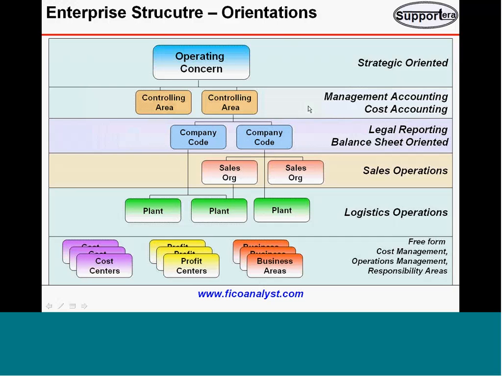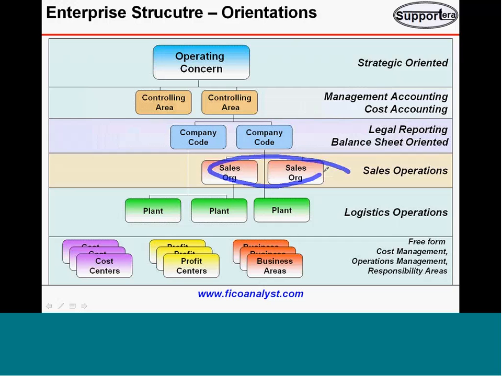So before we go to the operating concern, let's go down this path. Say sales operations. Any organization has a sales division and a marketing division, and obviously every marketing division will have its own operations and strategies and all that. That's what we call sales organizations.